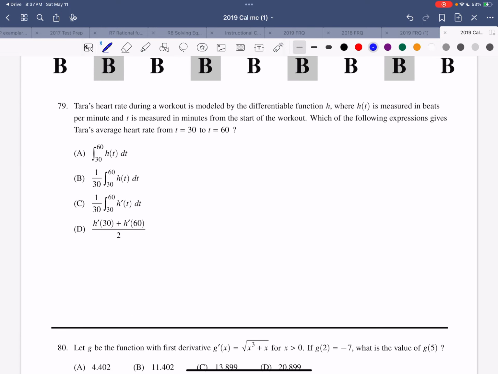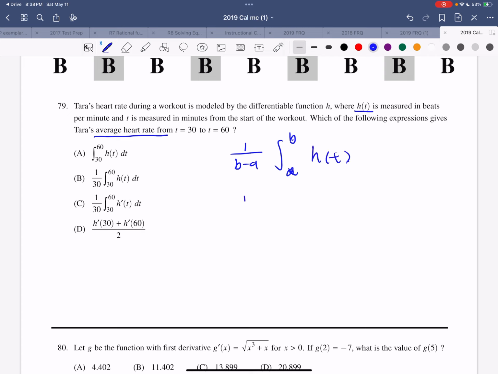So question number 79. Tara's heart rate during a workout is modeled by the function h of t, measured per minute, blah blah blah. Which of the following expressions gives Tara's average heart rate? So that's the average rate of change. So 1 over b minus a, integral from a to b of h of t, right?